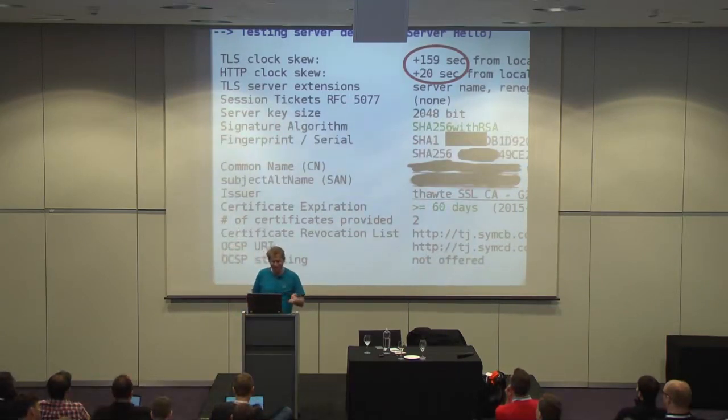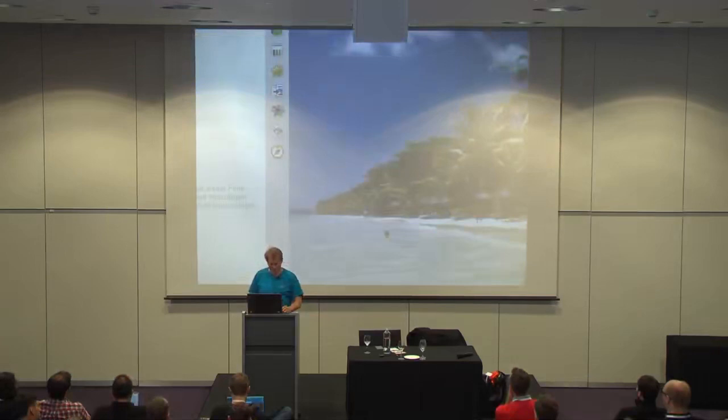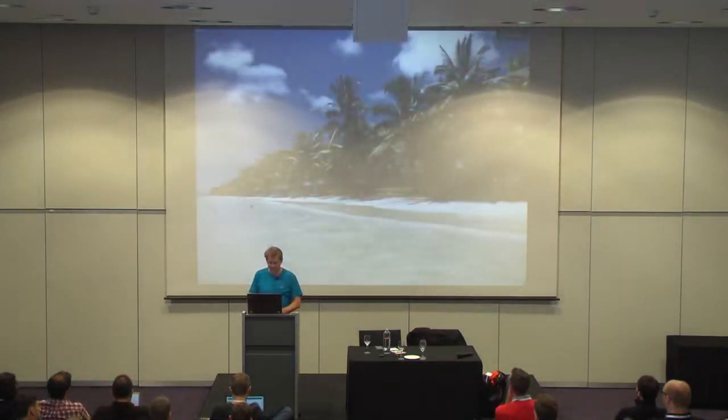As I said, it's a real life thing. I don't know why they don't use NTP, whether they have a problem with it, but all I can tell you is the time is off and it allows you to do some fingerprinting.